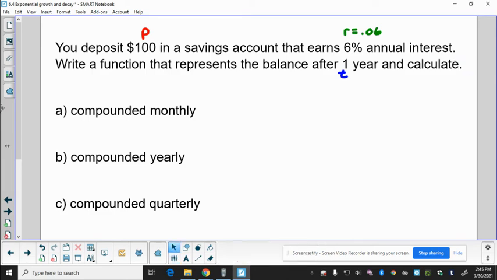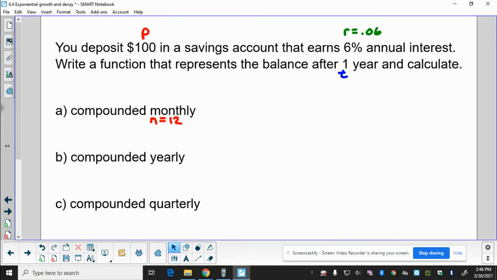Let's go to part A, compounded monthly. So how many months are there in a year? Okay, now that means N is 12. So what we do is we go to our formula. And what I'm going to do is I'm going to write it down one time here.